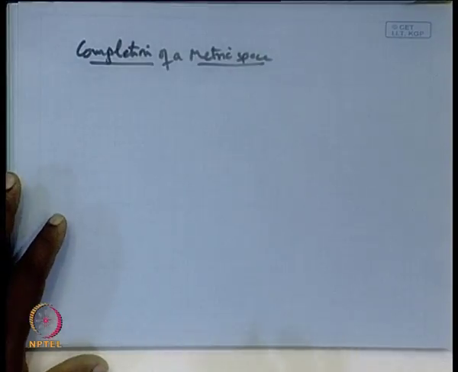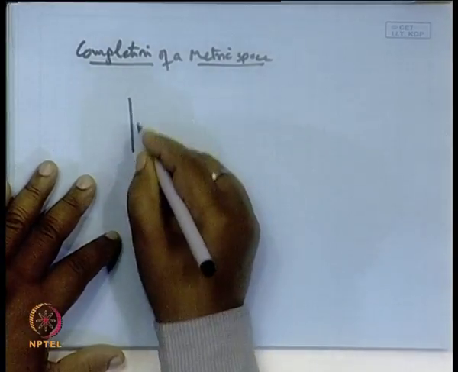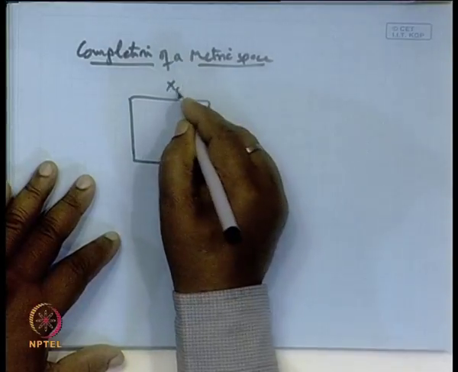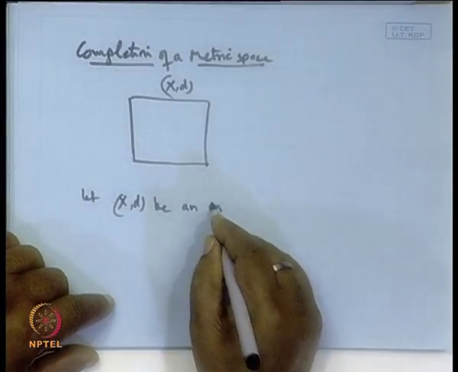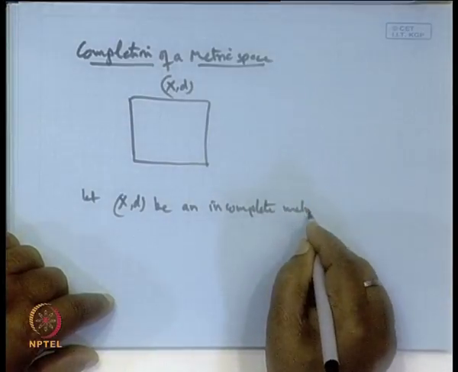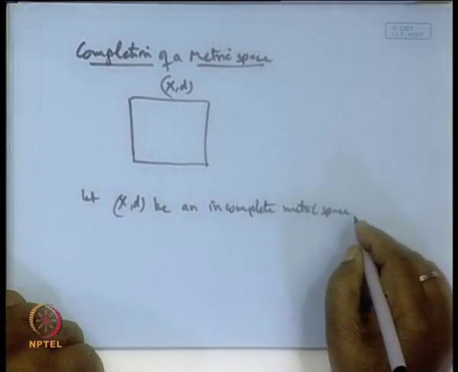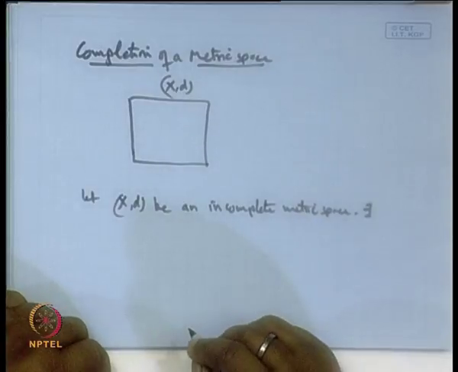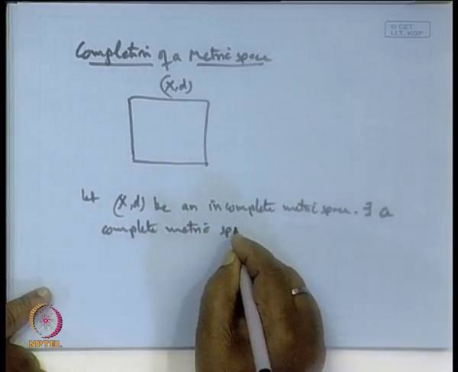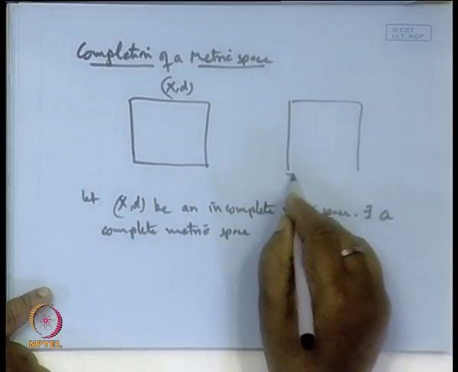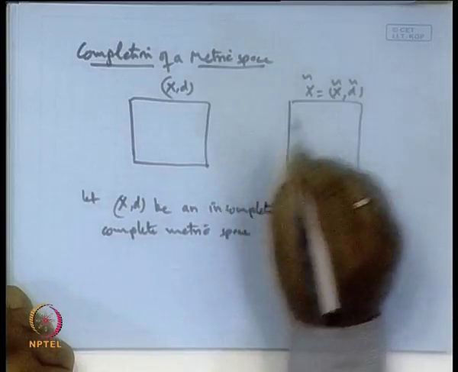Here we will simply give a way. Suppose (X, d) be an incomplete metric space, then corresponding to this X, there exists a complete metric space X delta, which is equal to say (X delta, d delta).